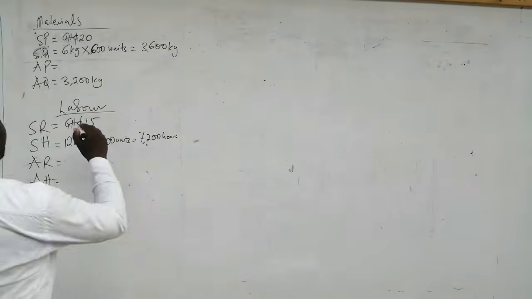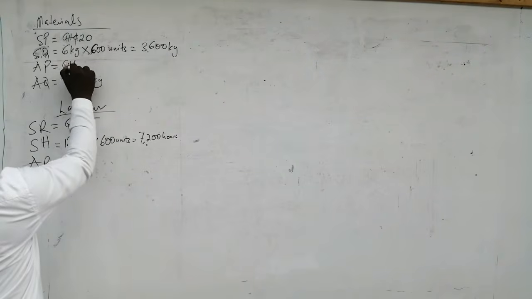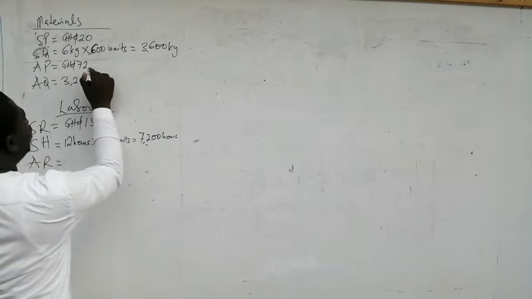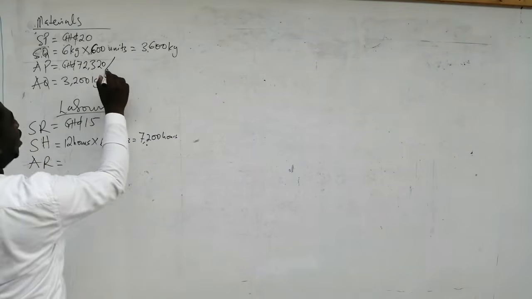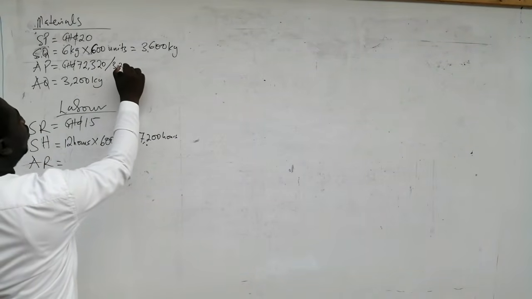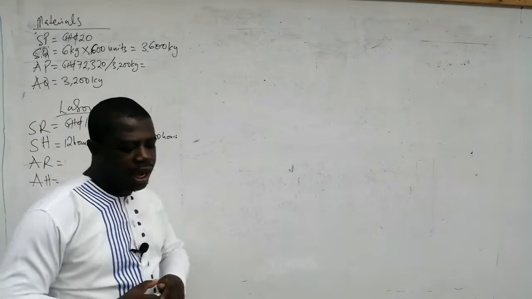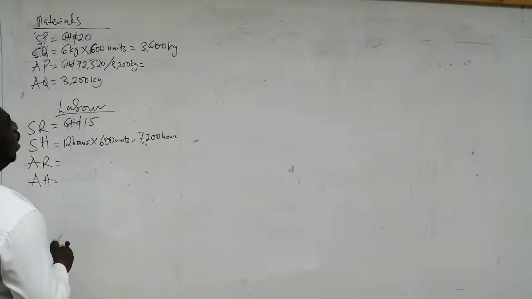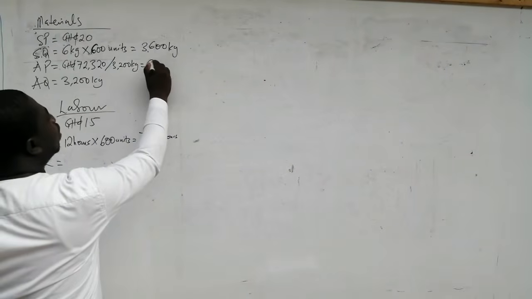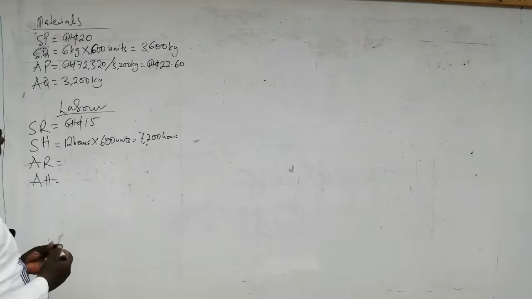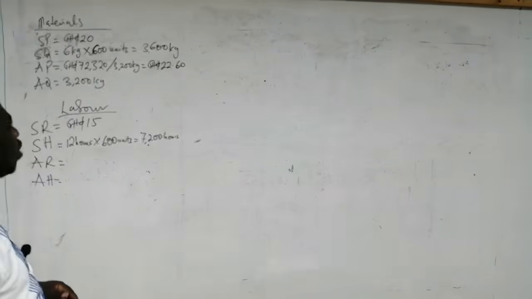And so actual price is going to be calculated as 72,320 divided by 3,200 kg. That is how we are going to arrive at our actual price. And that is going to give us 22 cedis, 60 pesewas. So that is how we arrive at the actual price.